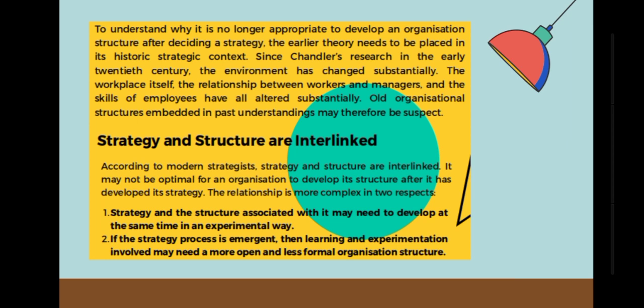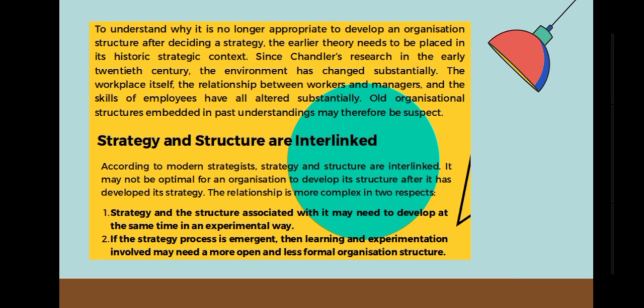Strategy and structure are interlinked. According to modern views, strategy and structure are interlinked. It may not be optimal for an organization to develop its structure after it has developed its strategy. The relationship is more complex in two respects.